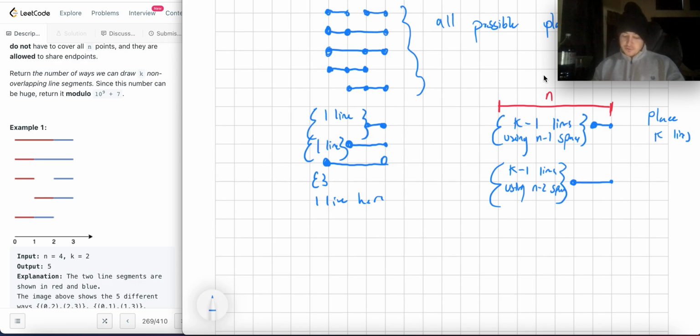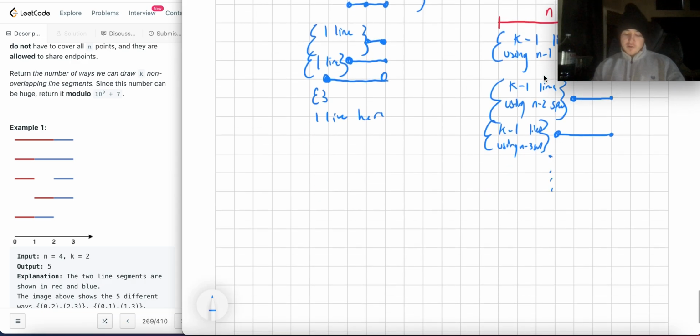Or I could do something of length 3, but that would mean I'd have to place k minus 1 lines using n minus 3 space. And I could keep going until I get to the very end using all n space, and I'd have to place k minus 1 lines using n minus n space.